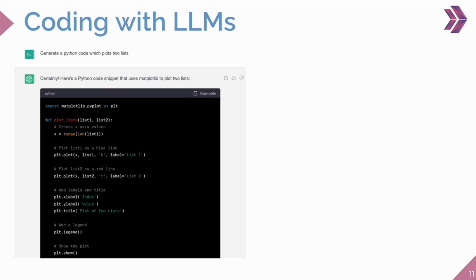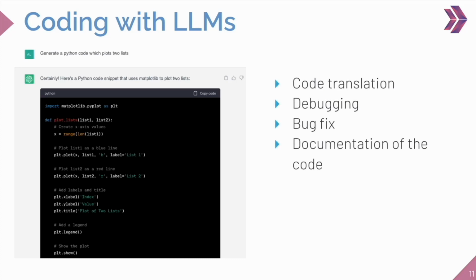So with one sentence, you can generate Python code. You can also debug your code and fix it. You can do code translation tasks. Or you can create documentation for existing code, which is a very boring and usually undesired task for developers. But with large language models, it is easy. There are actually more, and we will see some of them in the hands-on part.